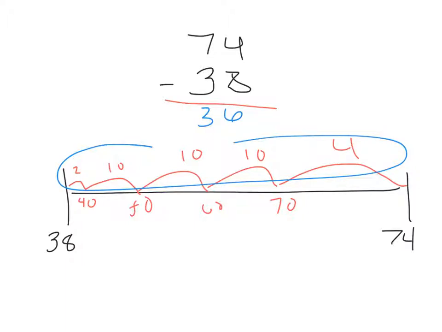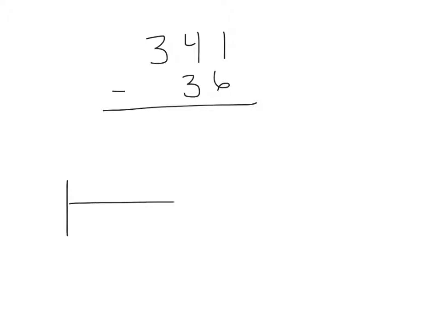Now this also works if we are subtracting in the hundreds. Say we've got 341 minus 36. Now I'm going to create my open number line. I'm going to have 36 down here and 341 here. 36 is so close to 41 that that's probably going to be my first jump.